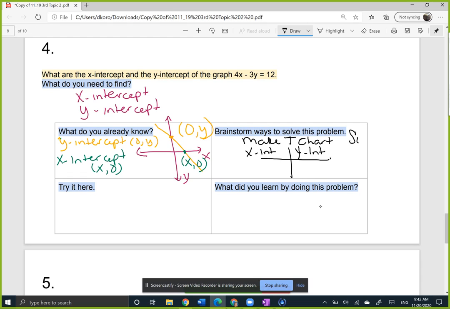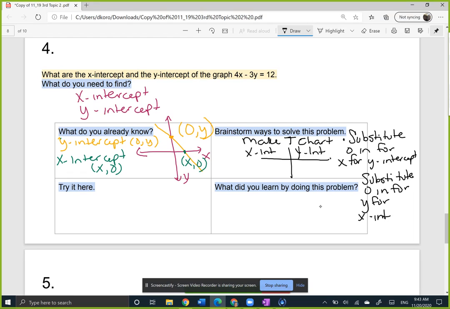Okay, you're going to substitute 0 in for x, for y-intercept, and then you're going to substitute 0 in for y for the x-intercept.